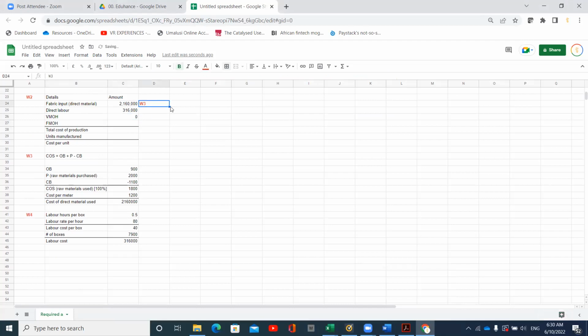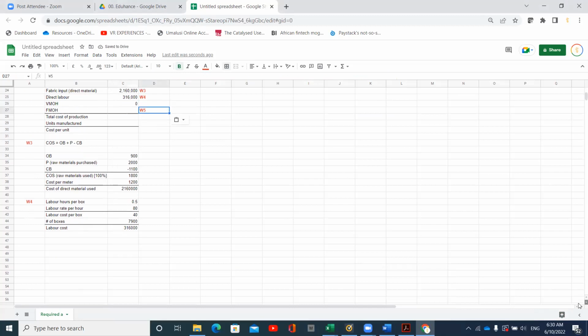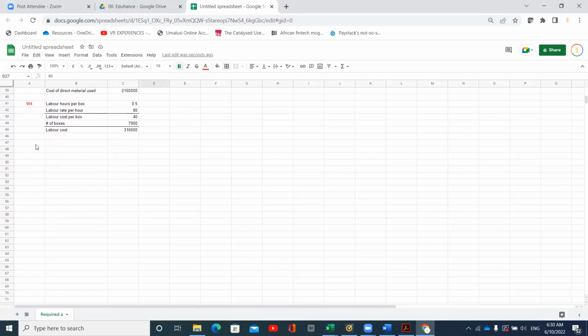So this here is working for, we need working 5. So manufacturing overheads, actual fixed manufacturing overheads is calculated as follows.